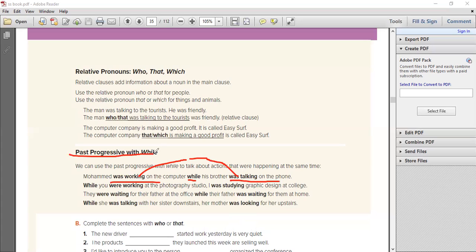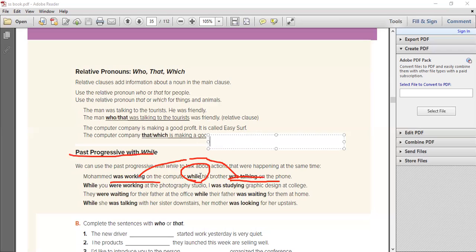If in the exam I have Muhammad was working on the computer while his brother, and here I erased talk, or was talking, you're going to choose was talking. Why? Because you have while. Teacher, both verbs are ing, right?